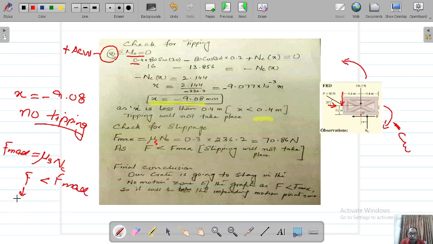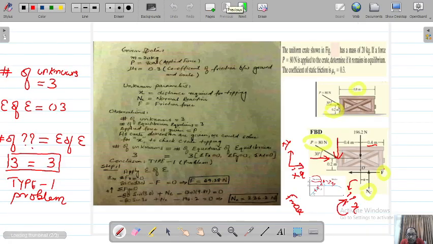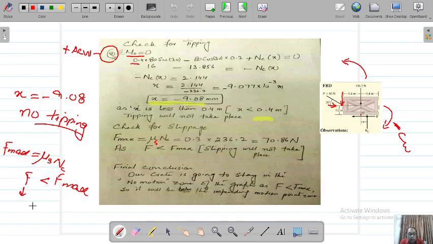If you look at it, our F calculated was 69.28, and it is less than the maximum friction we calculated, 70.86. Okay, so what does this mean? This means since F is less than F max, slipping will not take place.